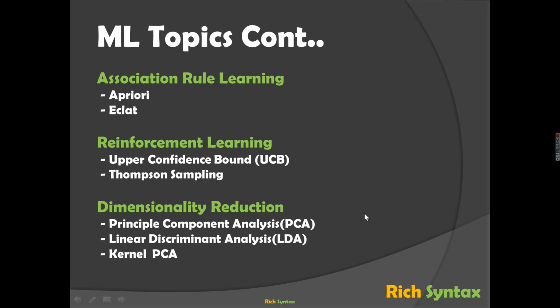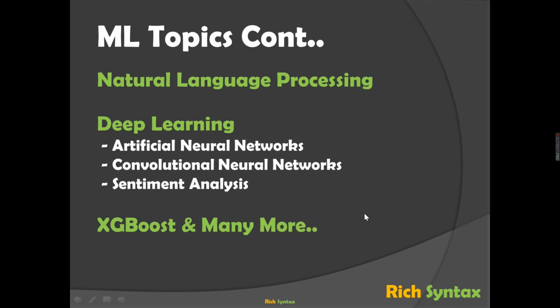We will then be moving on to the next topic, which is natural language processing. This basically deals with the ability of a computer or system to understand, analyze, manipulate, and potentially generate human language. Okay, so there's a vast application of NLP in real life. So we will be dealing with that in detail. Don't worry. And then we'll move on to deep learning, which is an ocean in itself.